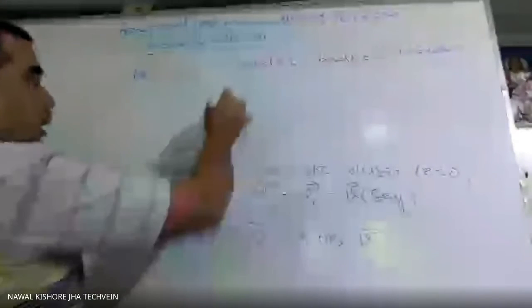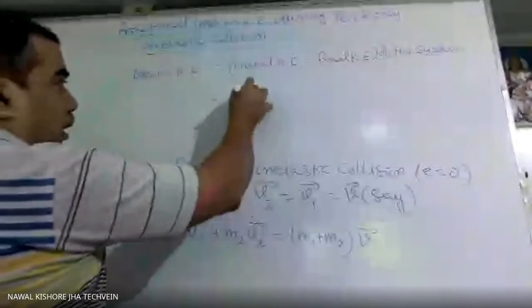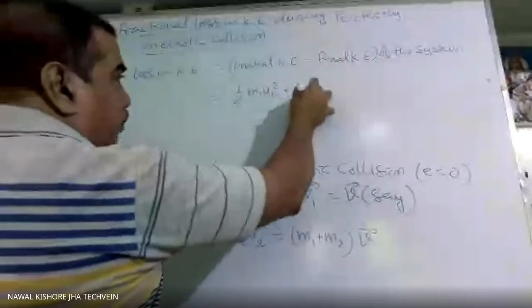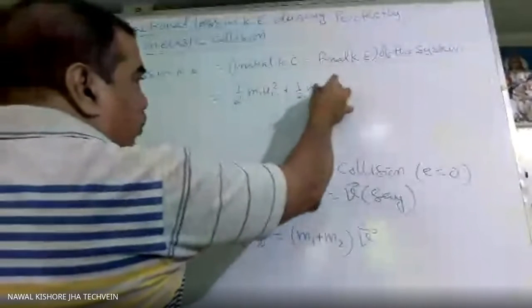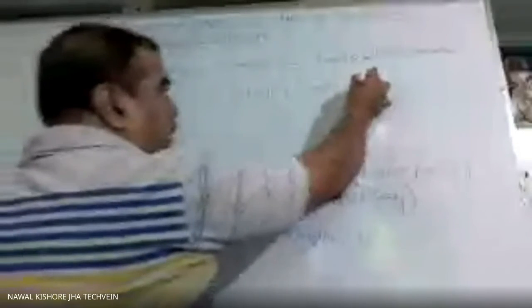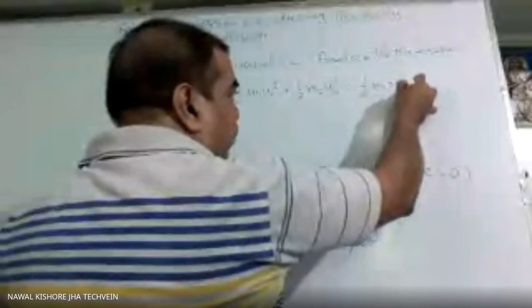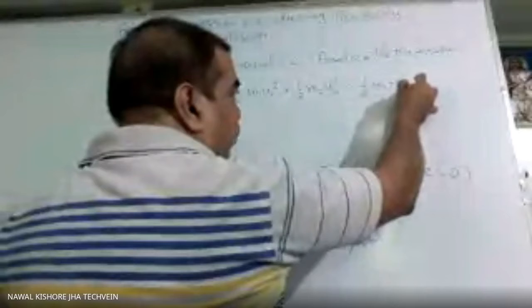So initial kinetic energy was half m1 u1 square plus half m2 u2 square, minus half (m1 plus m2) v square. So this is the loss.